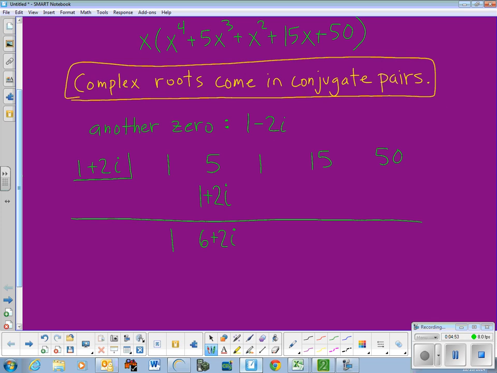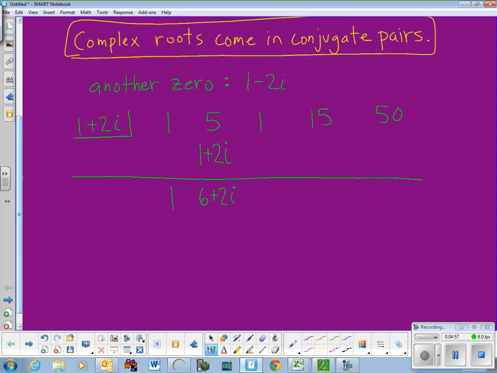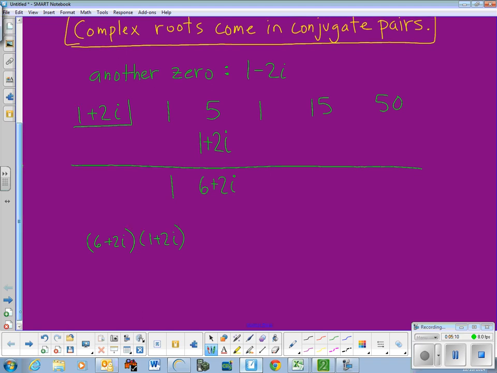This right here coming up next is the part that's going to take a little bit of effort. What I need to do is multiply 6 plus 2i by 1 plus 2i just like I did. Do this in the margin or somewhere off the side because there's going to be quite a lot of work to show here. But I'm going to FOIL this, 6 times both, 2i times both, and I'm going to get 6 plus 12i plus 2i plus 4i squared.